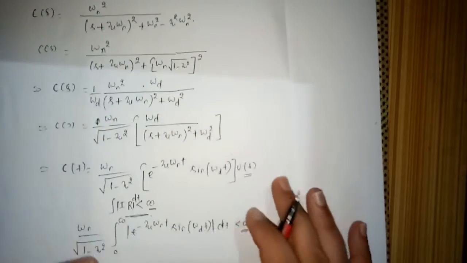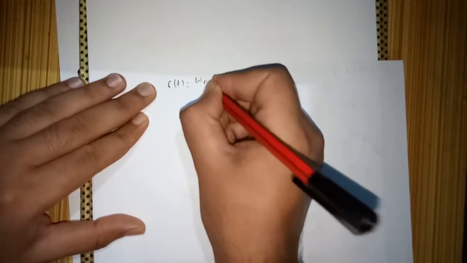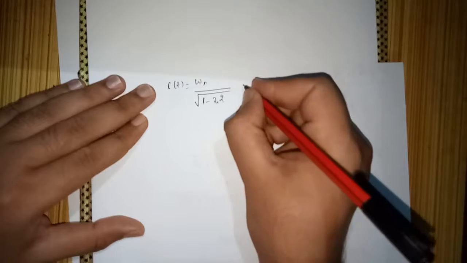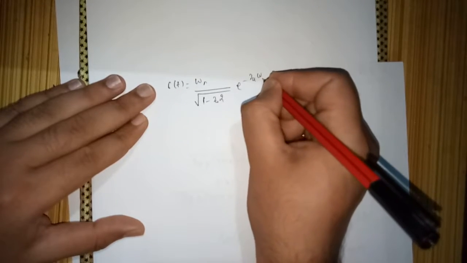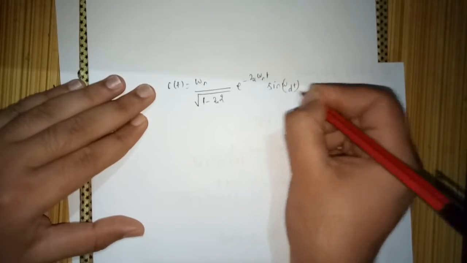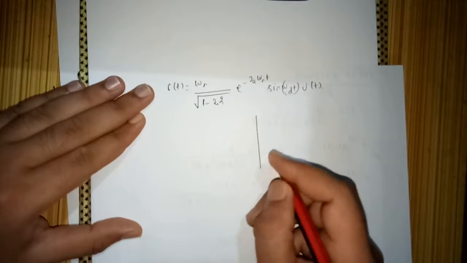Why? From here, if I have to draw its response, see what I got is c(t) is equal to omega n over root 1 minus zeta square, e to the power minus zeta omega n t sine omega d t multiplied by u(t), right?